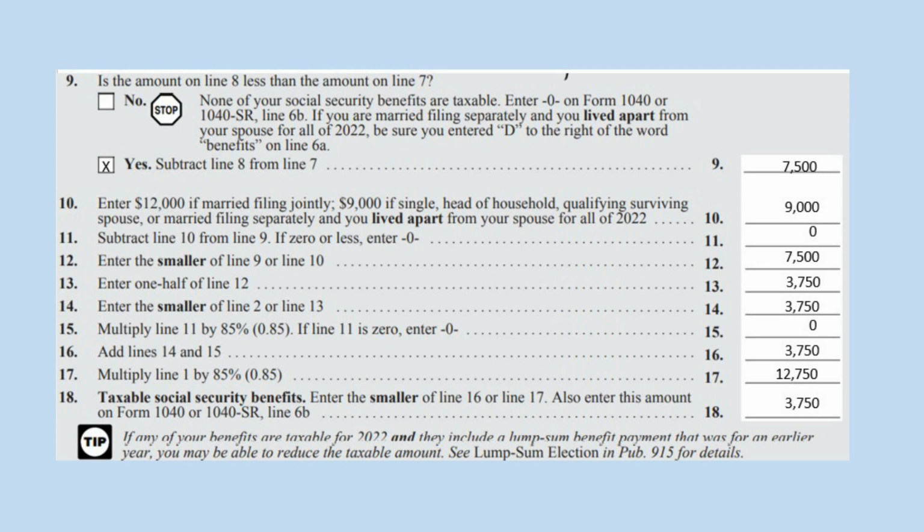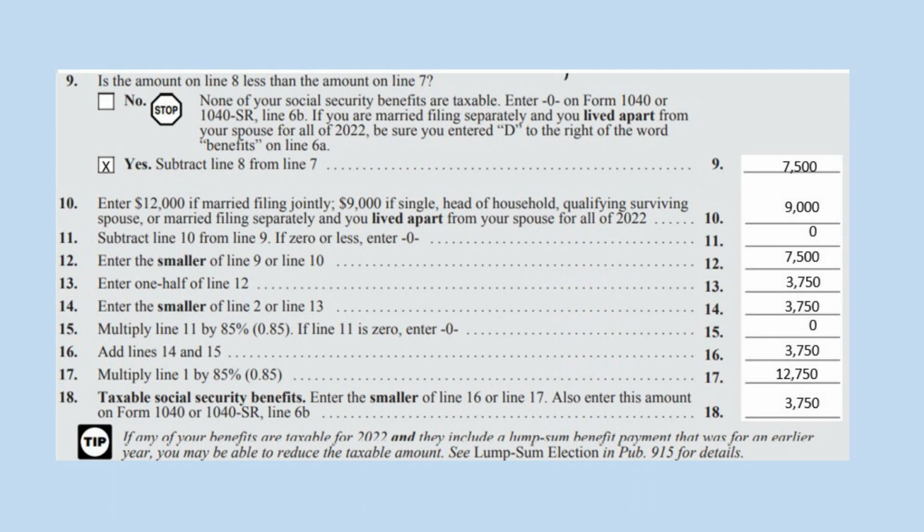On line 12, we will enter the smaller of line 9 or 10, which is $7,500. On line 13, we will multiply that by 1/2 to arrive at $3,750. On line 14, we will enter the smaller of line 2 or line 13, which will be $3,750. We will multiply line 11 by 85% for line 15, which will be 0.